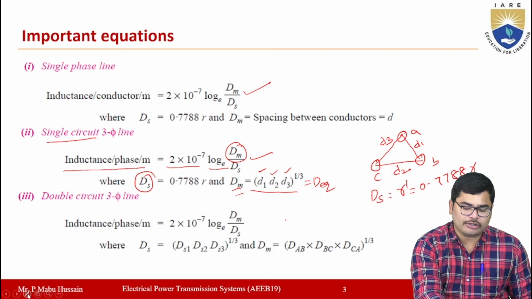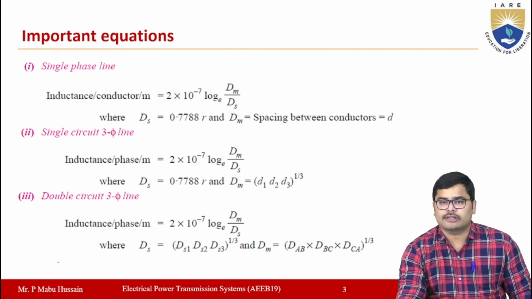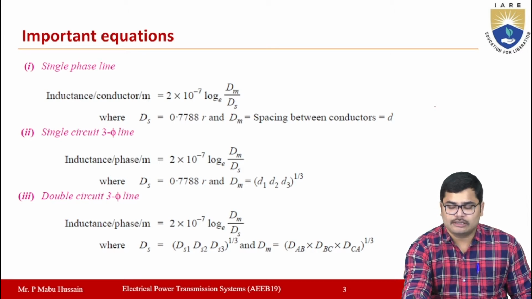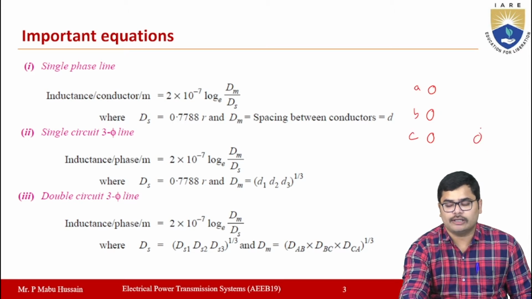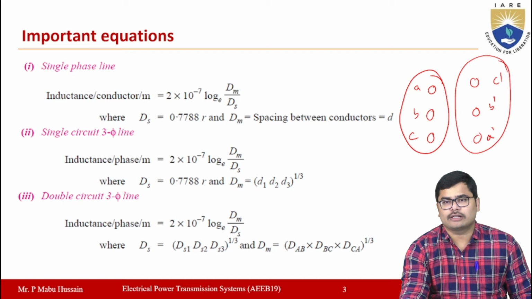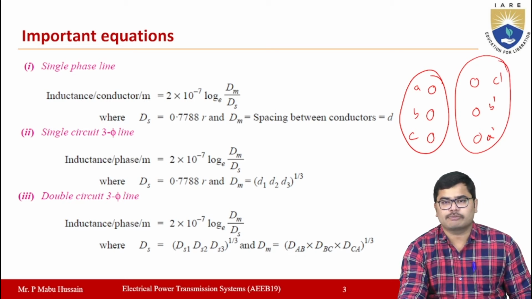Now, a double circuit three-phase transmission line system has two sets of three-phase conductors. One set is A, B, C. Another set is in the reverse direction, A', B', C'. Such a transmission line is called a double circuit three-phase transmission line system.